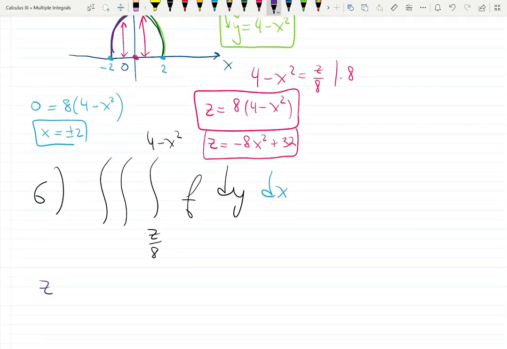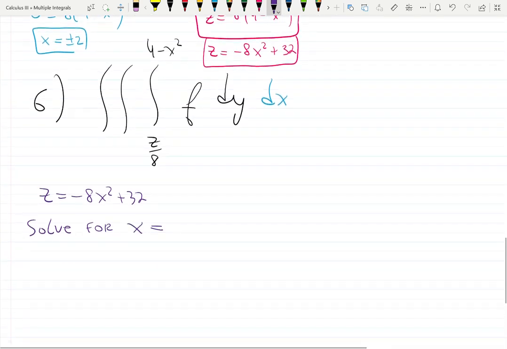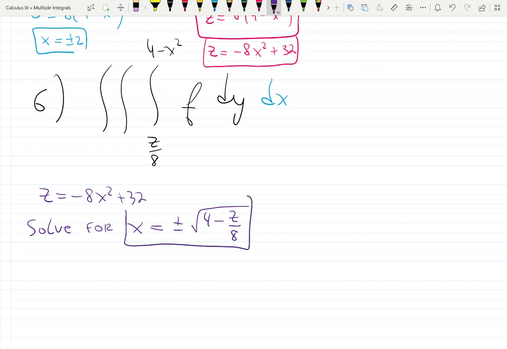So z equals minus 8x squared plus 32. Solve for x. Should I show you steps or not? I guess you should do it by yourself, yes. X will be plus or minus a square root of 4 minus z over 8. How do you do that? Subtract 32, divide by minus 8, take a square root. And you will get those two square roots.